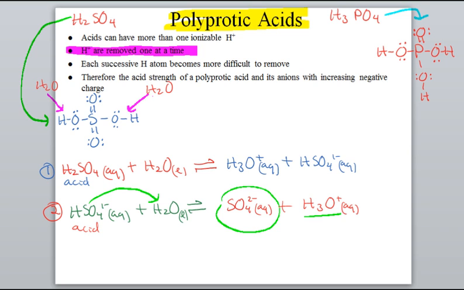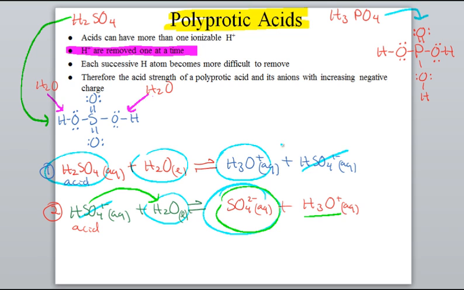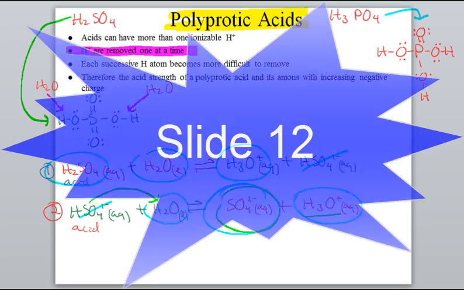But there's a mechanism. The hydrogen sulfate is an intermediate that's not shown in the net reaction. It's there, but it's not shown. One sulfuric acid molecule is used up, two water molecules are used up, one sulfate is produced, and two hydronium ions are produced, and that would be shown in the net reaction.